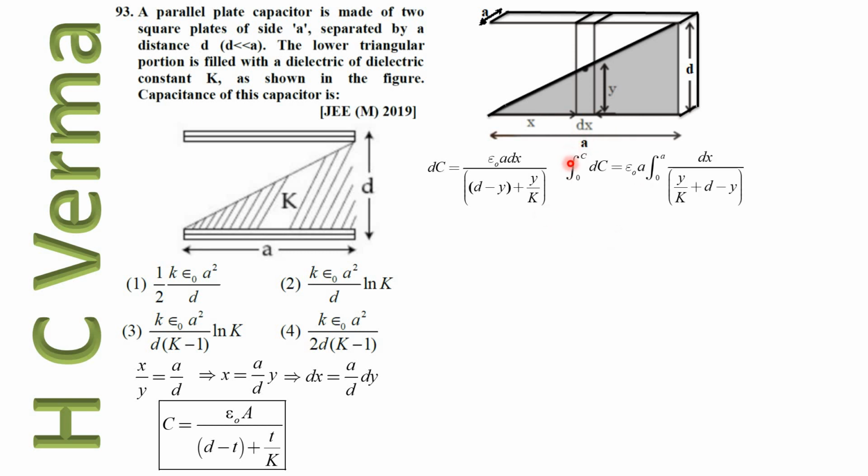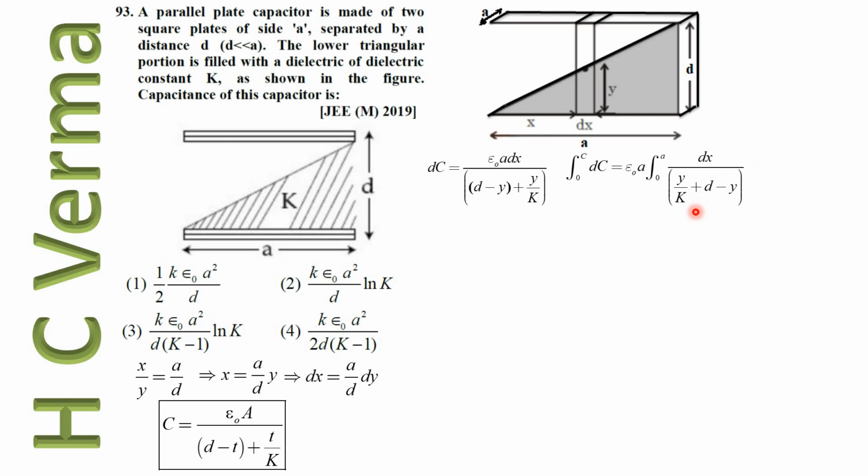So integration of small capacitances gives the total capacitance. Epsilon naught is constant, a is constant. For dx, the limits must be from 0 to a. But in this integral, as you proceed towards the right, x is increasing and y is also increasing, and there are two variables, x and y.